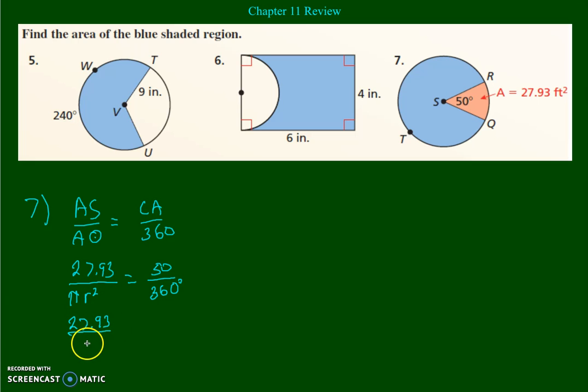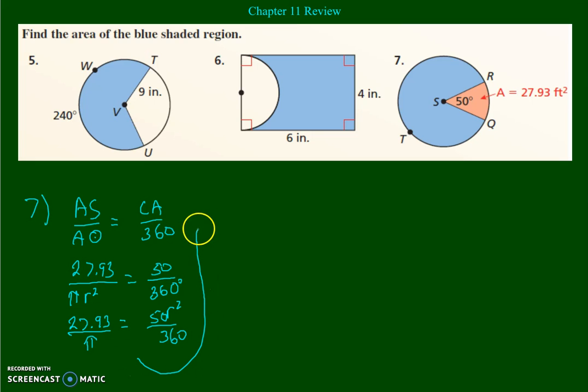27.93 over pi equals 50 r squared over 360. That's 50. Now, I'm going to go ahead and multiply by 360 and then divide by 50 to get rid of these numbers so that I have an r and only an r on one side of the equal sign.